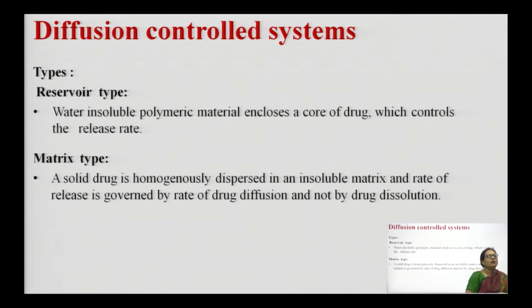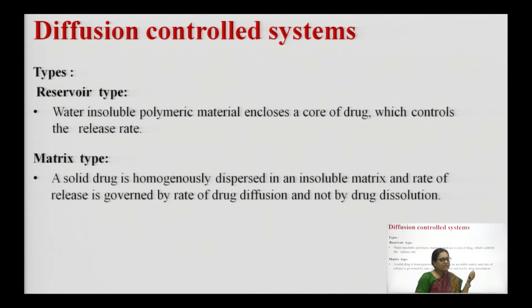Again, these diffusion controlled systems are of two types. We have got reservoir type of systems and matrix type of systems. In reservoir types of systems, a water insoluble polymer material encloses a core of drug which then controls the rate of release of the drug. In matrix type of system, the solid drug is homogeneously dispersed in an insoluble matrix and the rate of drug release is governed by the rate of drug diffusion and not by drug dissolution.